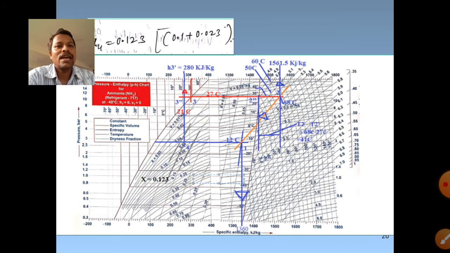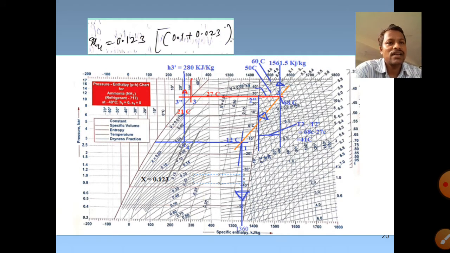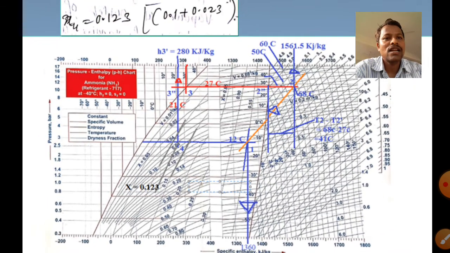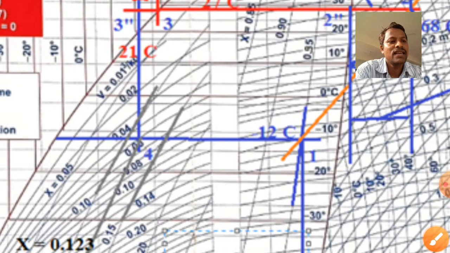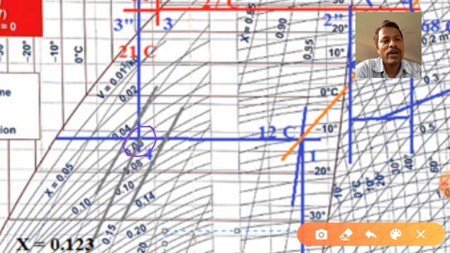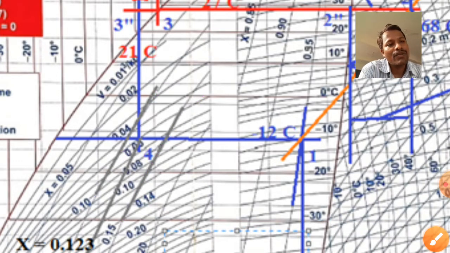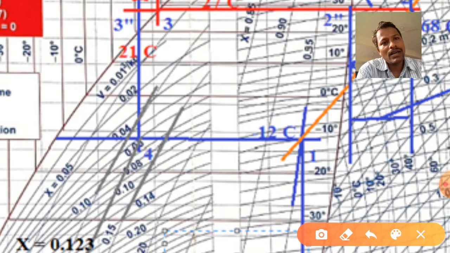Then we have the condition at state 4, that is at the inlet of the evaporator. What is the condition? We have already understood how to mark state 4 on this pH chart. So this is state point 4. We just have to observe which constant dryness fraction lines are available near state 4. We have the constant dryness fraction line of 0.10 here, and this is 0.14.